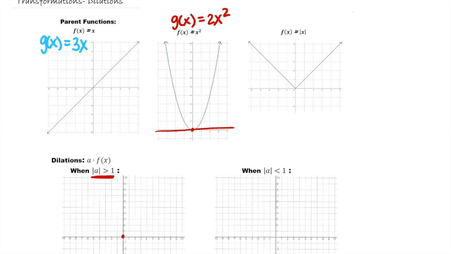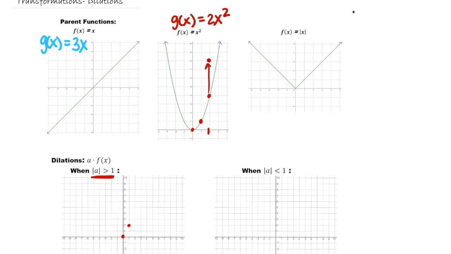I'll plot that on the new graph. This point right here has a y value of 1, and 1 times 2 is 2. So my new y value is up to the 2. This y value is a 4, so 4 times 2 is 8. I still have the same x value. The x value is 2, but my y value got stretched all the way up to the 8.